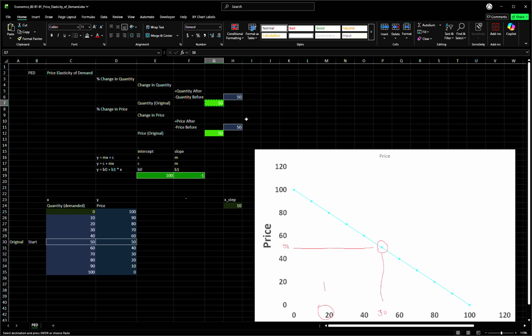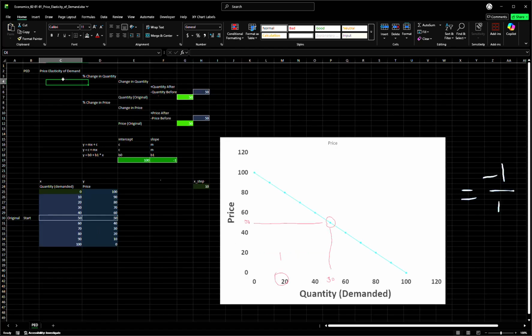Calculate this, which is the change in price. For this one you need to use the formula here.